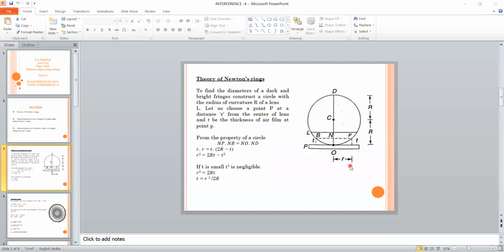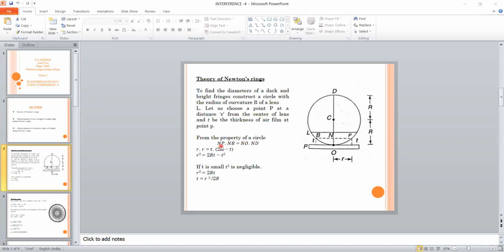So there is a lot of difference between small r and capital R. Small r means the distance from point P to O. Here capital R is the radius of curvature of the given plano-convex lens, that is the distance from O to C.